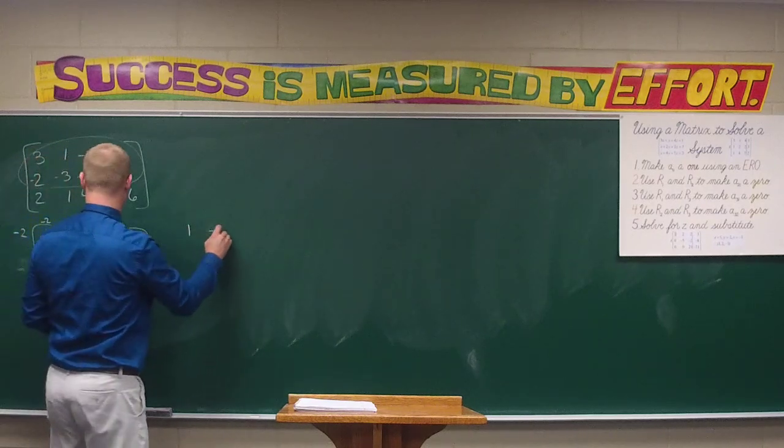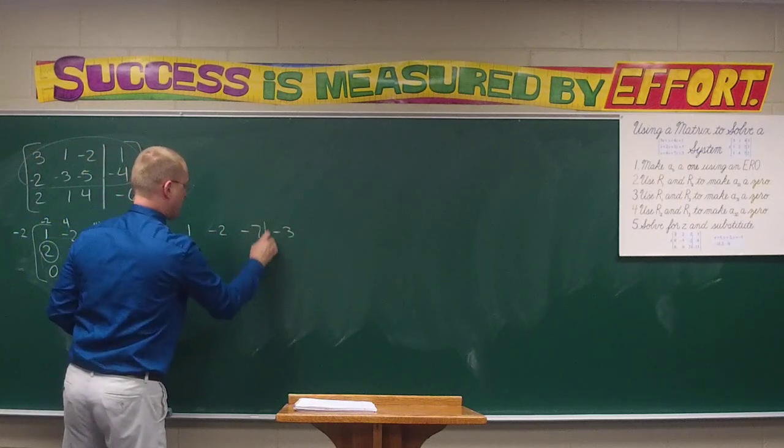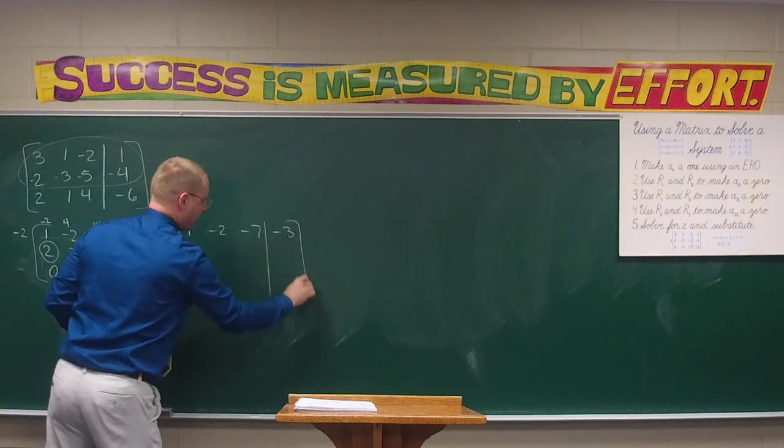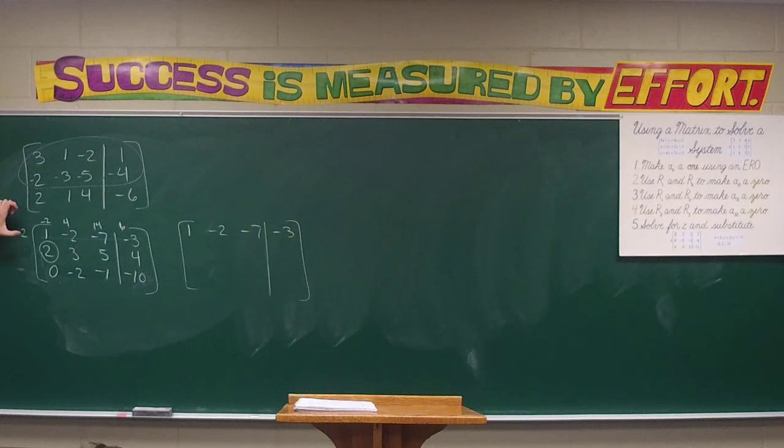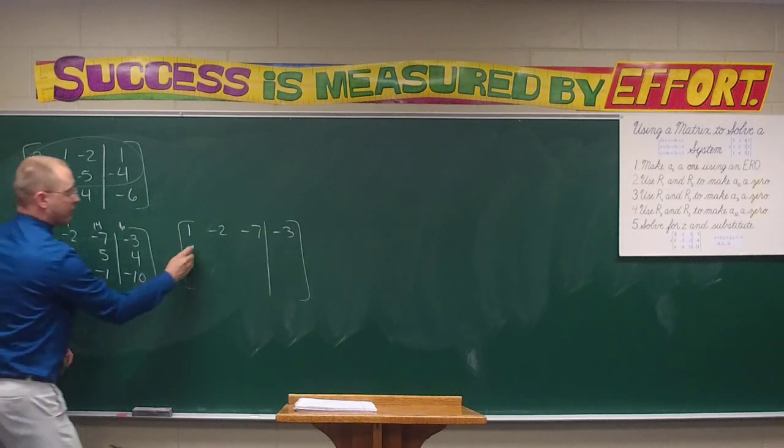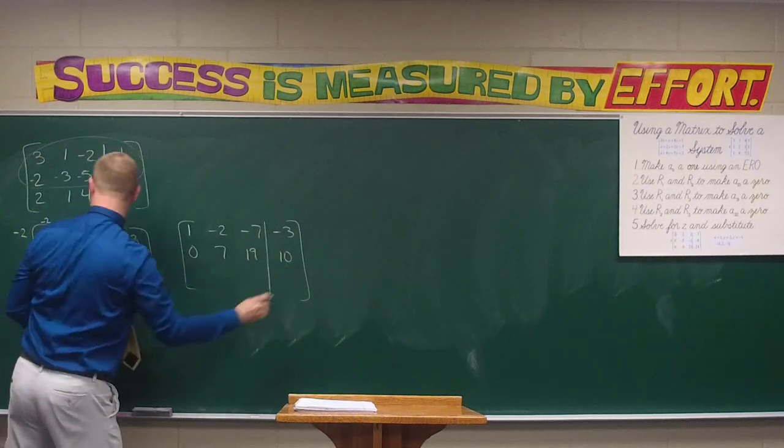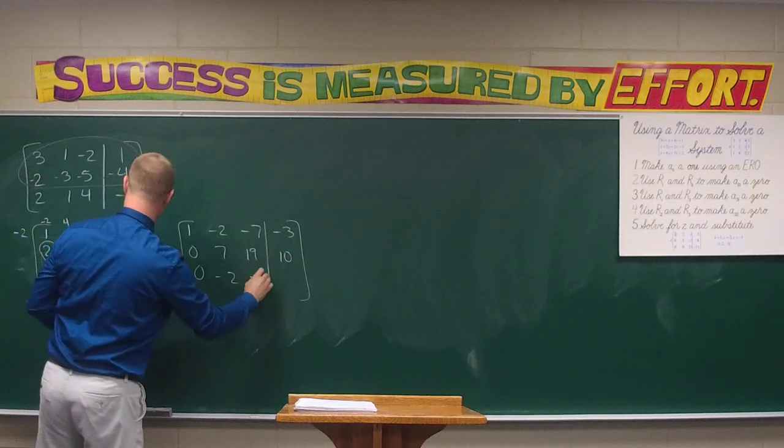But I like my top row, right? I'm not leaving my top row in its changed state, because I don't like that. I'm only multiplying the negative 2 long enough to add and cancel. What does my middle row become now, staying with Audrey? 0, 7, 13, 2. Good. And my bottom row for now is still 0, negative 2, negative 1, negative 10.